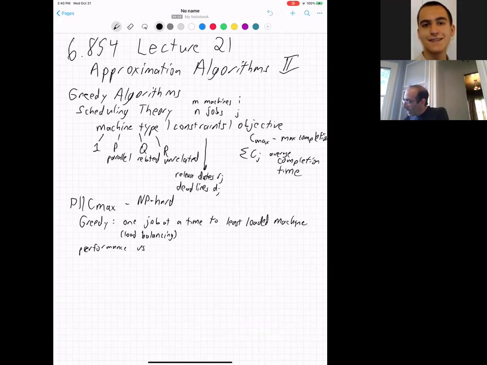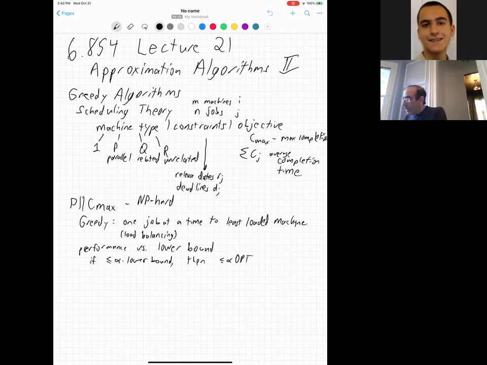So instead, for a minimization problem like this one, you compare the performance of your algorithm to some lower bound. If your algorithm is using less than some alpha times the lower bound on what the opt does, then certainly the algorithm is also less than alpha times the value of the optimum, which is bigger than the lower bound, right?